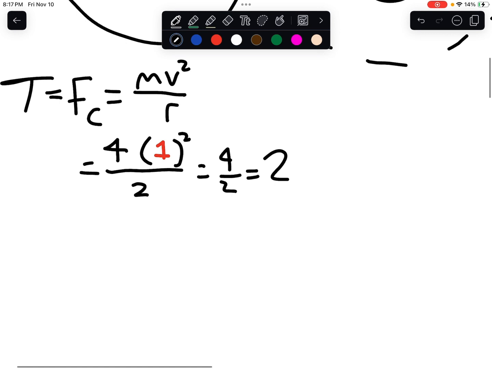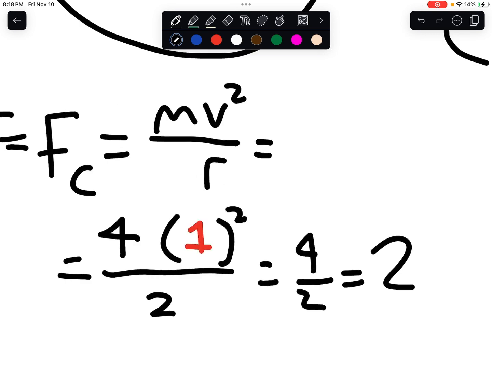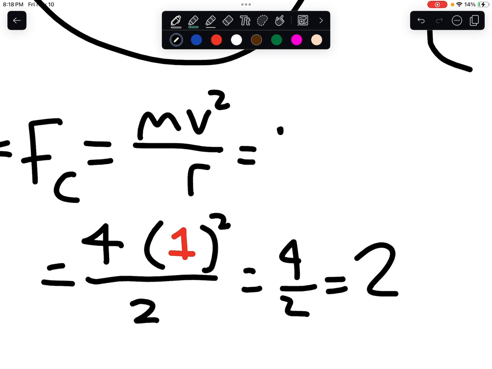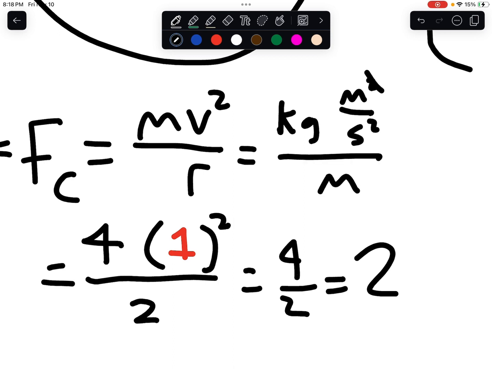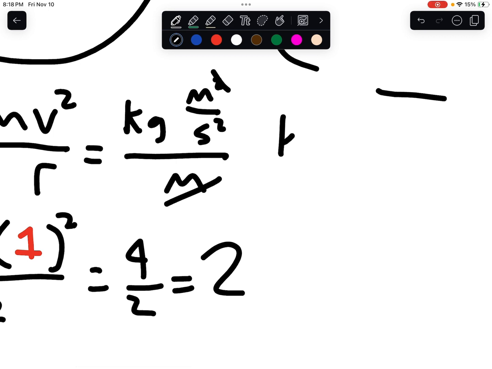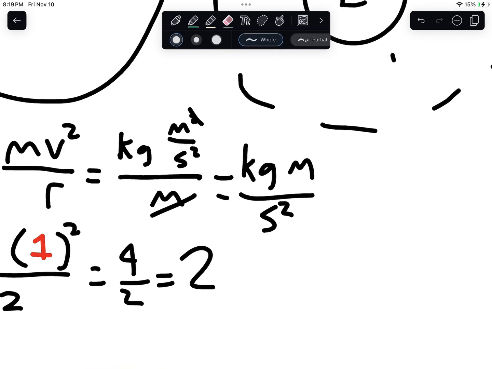And since this is a force, it will be measured in newtons. You can figure that out if you want to. Our mass is measured in kilograms. Then we've got meters squared over seconds squared. Then we've got meters. One of these meters cancels out. You get kilogram meter over second squared, right?